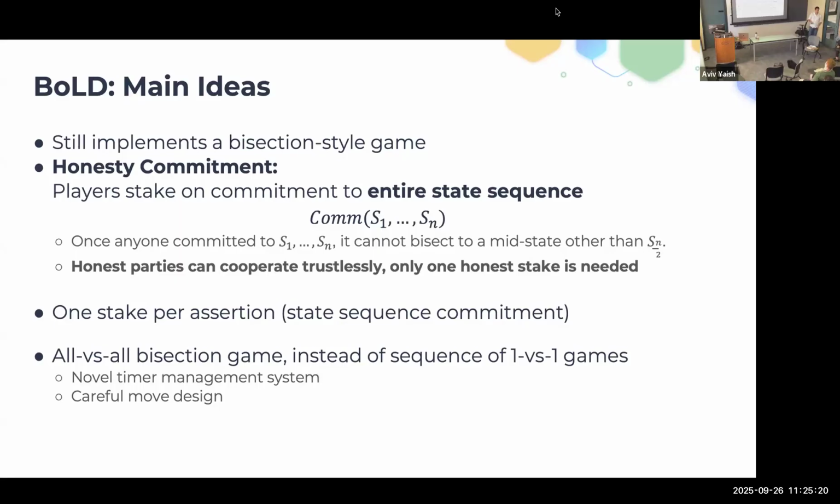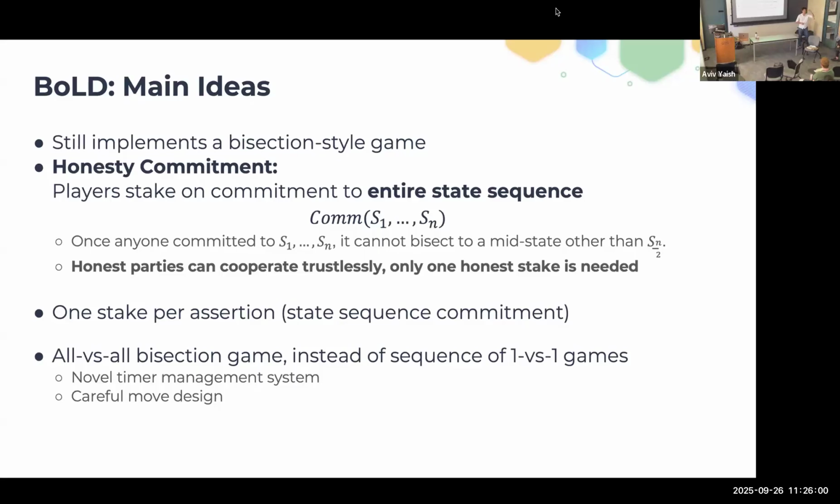But it has to be deterministic, right? Yeah. The smart contract knows what the hash function is. The honest parties, all of them know what hash function to use, how to do the commitment. If we both are honest parties and I do the commitment to the correct state sequence, then Aviv, who is also honest in my story, will know this.